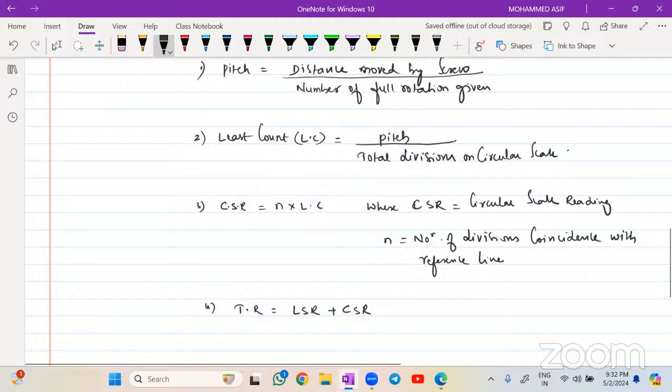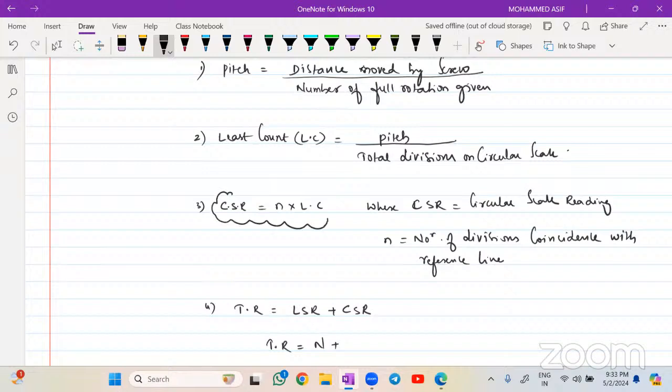So total reading is equal to N plus n into your least count. This will be the total reading.